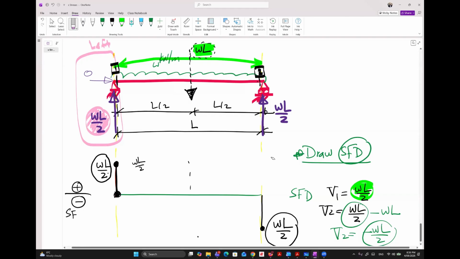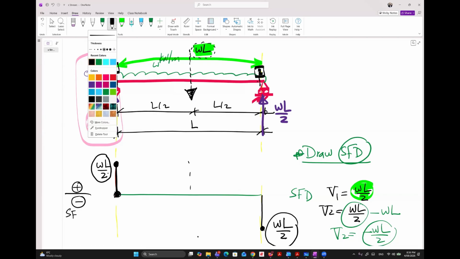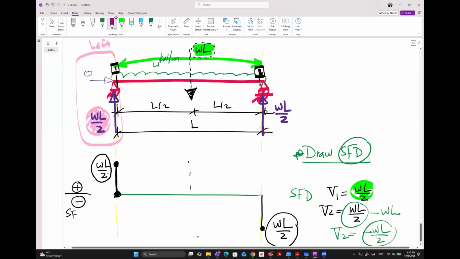So now what is the next step, guys? Do you have an idea? It will be a straight line from positive WL over 2 to negative WL over 2. So we connect the 2 points with a straight line. There are no nodal forces in between.